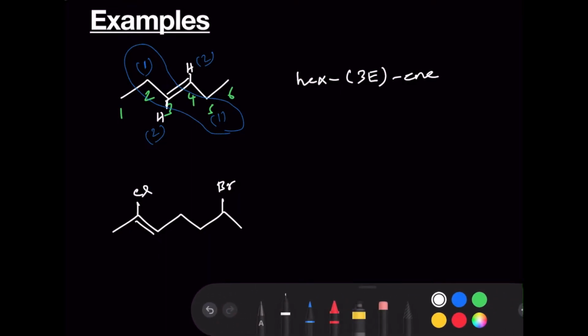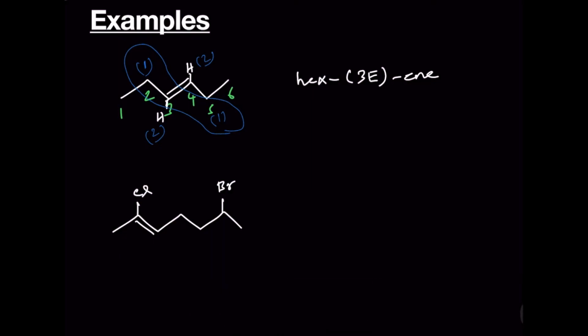Let's do the numbering once again. 1, 2, 3, 4, 5, 6, 7. The pi bond is between carbon atoms 2 and 3, and the substituents are at 2 and 6 position.